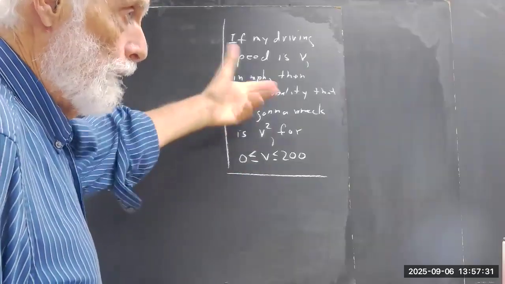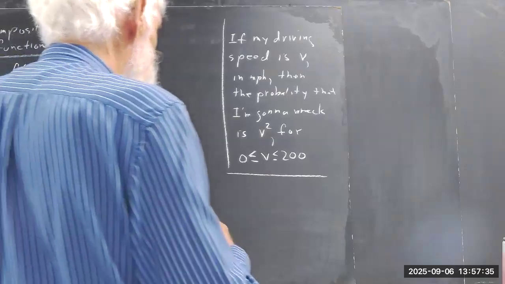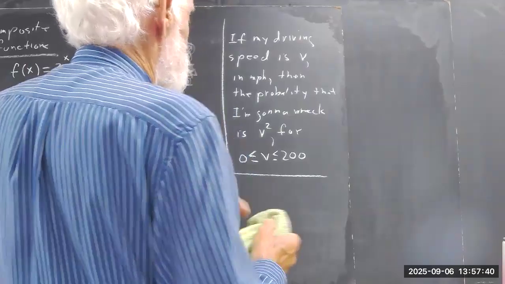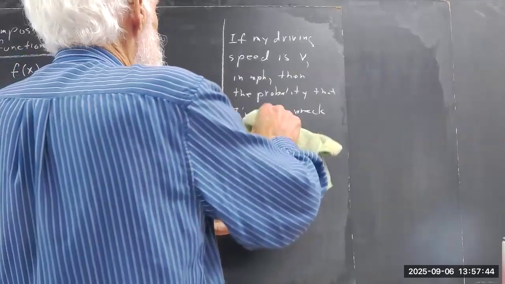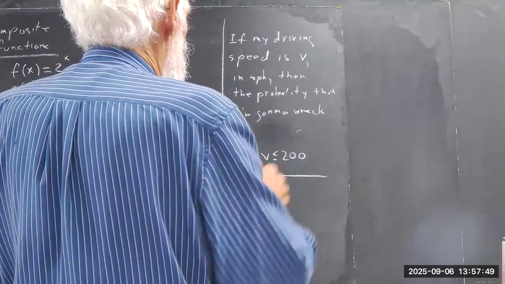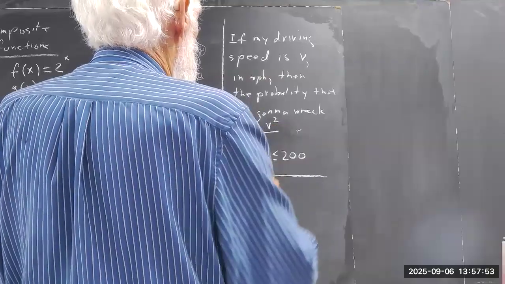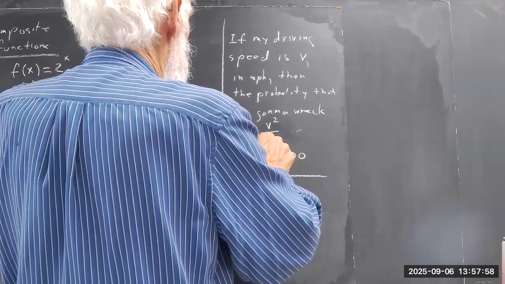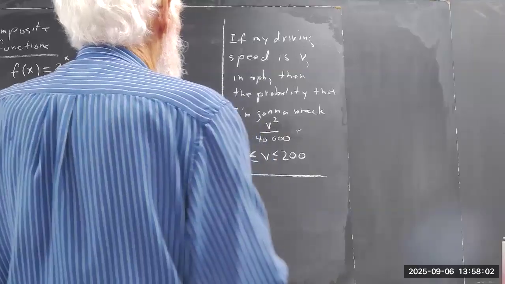Okay, so let's just say that's really not very reasonable because that gives you probabilities much greater than 1. If your probability is 1, that means you're certainly going to wreck. So I'm going to say that it's v squared over 40,000.